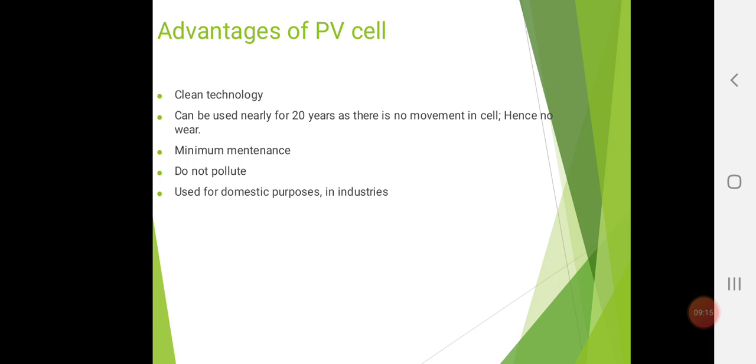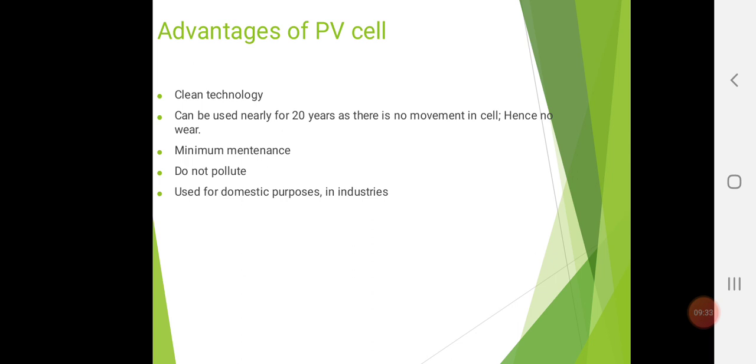This is achieved by designing the PV cell in such a way that the surface where the electrons are to be freed is as close as possible to the junction. This precaution maximizes the efficiency of PV cells.